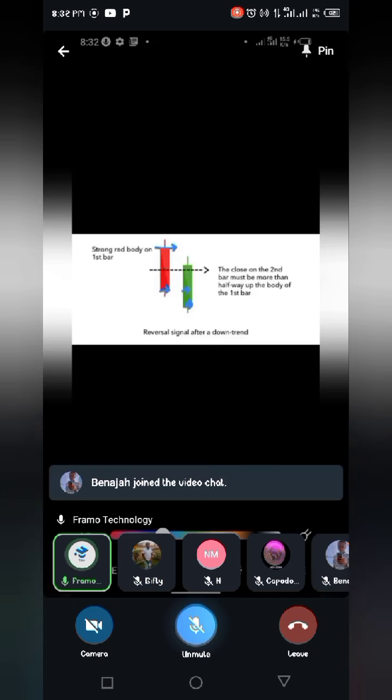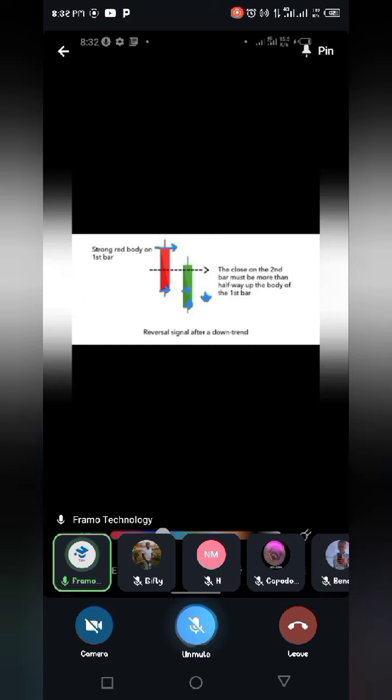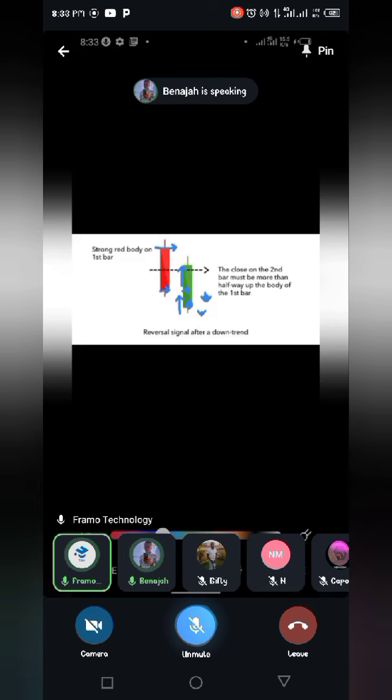Now, the sellers try to pull it down a little. But whenever a gap is formed, mostly the gap has to be filled. Therefore, if buyers fill the gap to this place, they continue to move it up until they cross half of the previous candle. And when this happens, the buyers are taking over. So if you want to trade gaps, me personally, I am trading and it is, let's say, in the down.